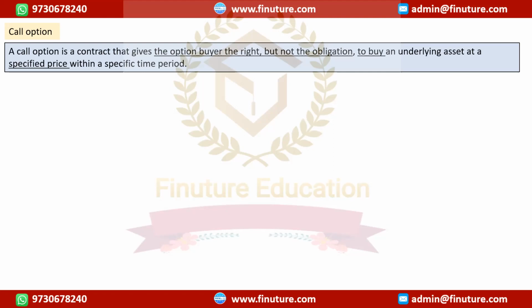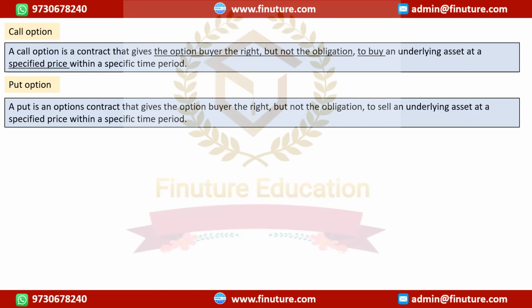So it's a right, not an obligation, to buy a certain underlying at a predetermined price. Similarly, a put option is the right to sell the underlying asset at a predetermined price, and you enjoy that right for a certain period of time.